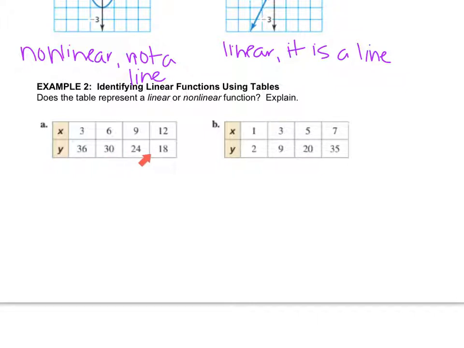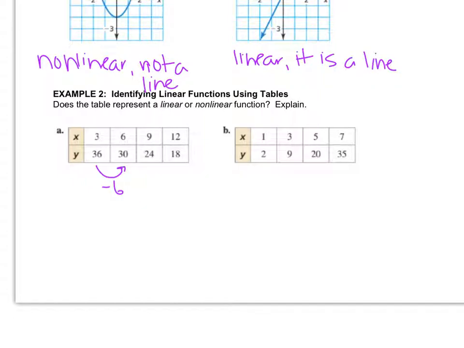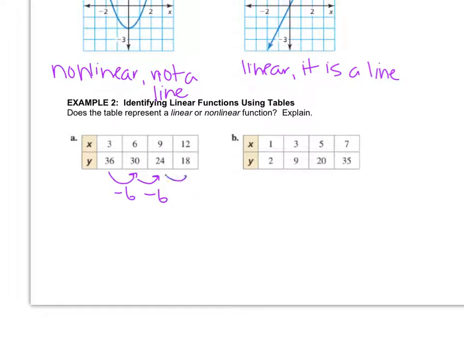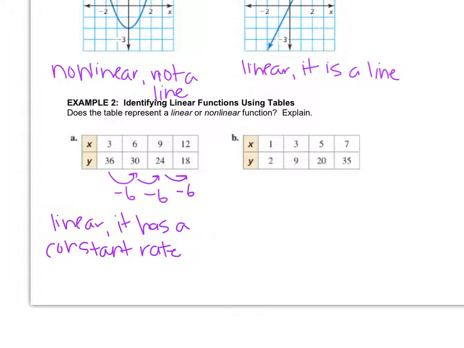And yes, it does, right? So everything is being subtracted 6. So since that pattern continues, that's what makes it linear. So then we say linear, and the reason is it has a constant rate of change.